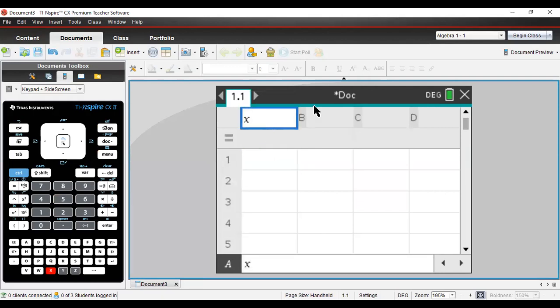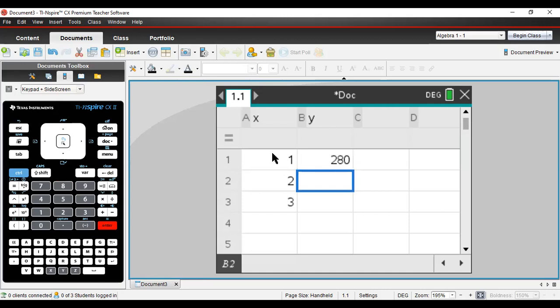So we got X, that's the number of people, and then the cost I'm just going to call Y. I'm not even going to put that 0, because for some of you it may not make sense. So we got 1 person, 2 people, 3 people. If we have 1 person plus the tour guide, it's going to be 280. Then it's going to be 315, and then it's going to be 350.